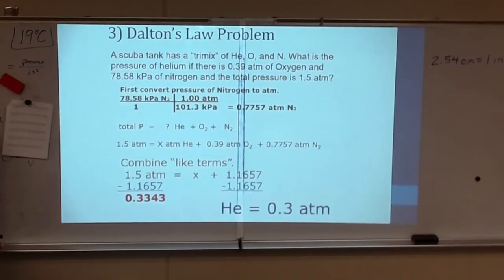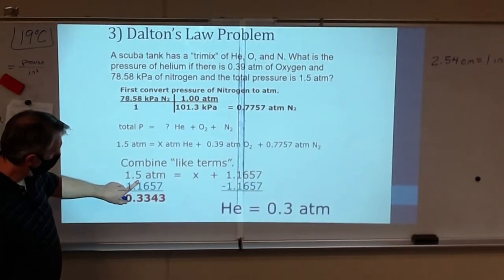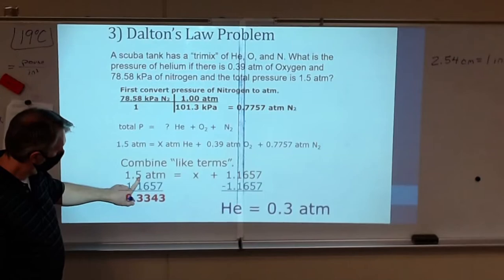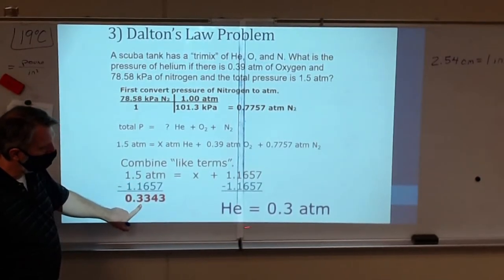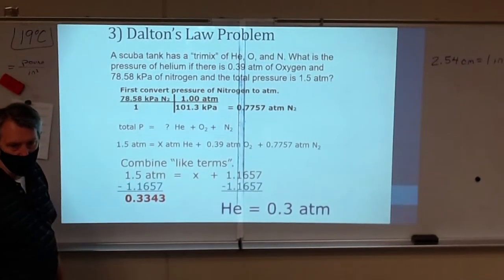The what? Yeah, right here. When I did this subtraction, remember addition and subtraction use digits after the decimal. This has the fewest digits after the decimal, which is 1. Therefore, my final answer is only allowed 1 digit after the decimal.